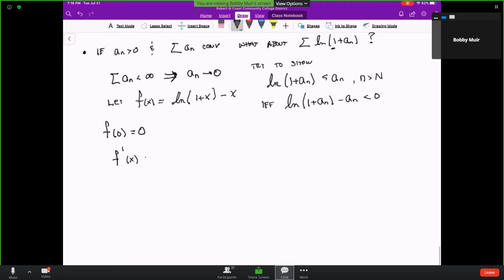Okay, so let's do f prime of x. So that's going to be 1 over 1 plus x minus 1. Actually, you know what?